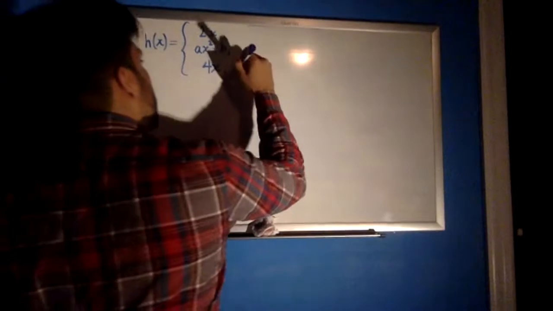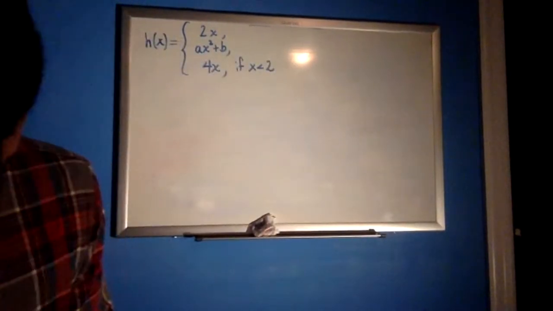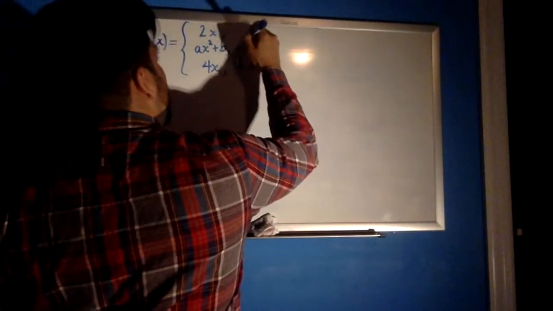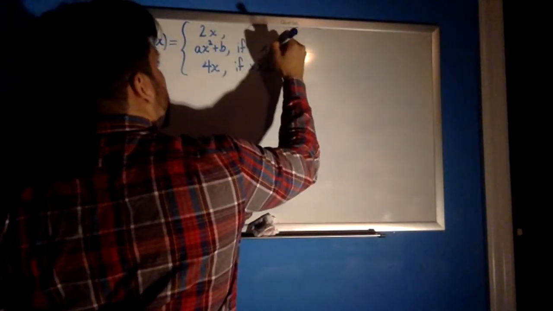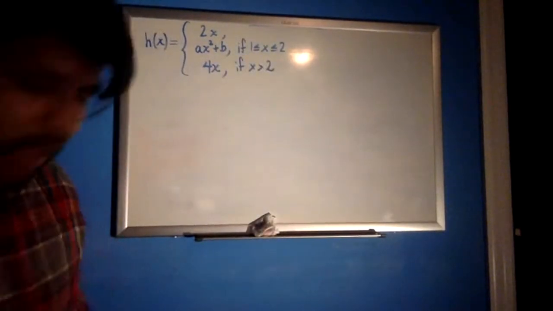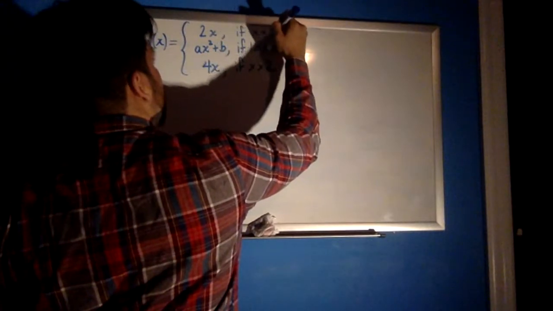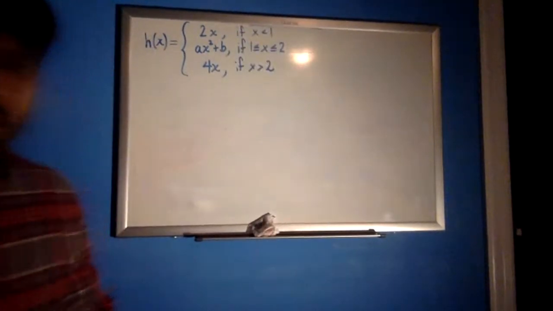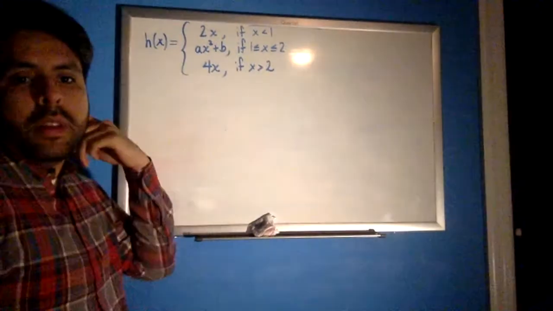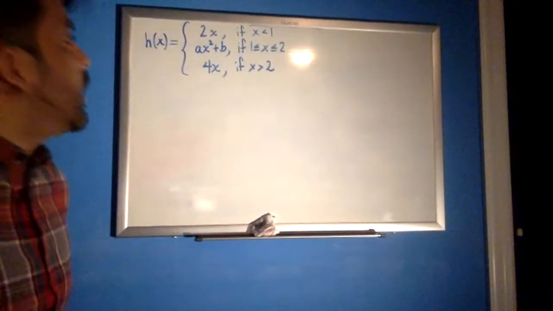If x is greater than 2, and this is if x is less than or equal to 2 or greater than or equal to 1. And 2x is if x is less than 1. Okay? So this is a piecewise function.